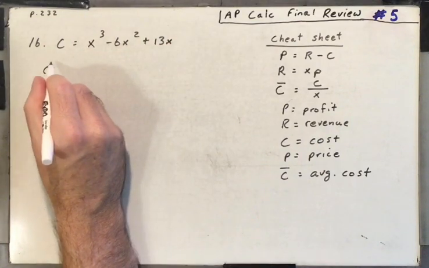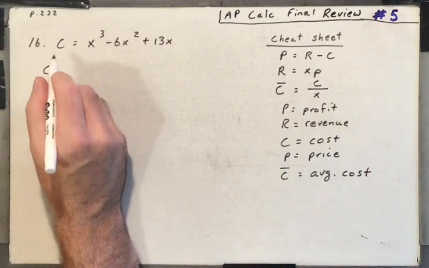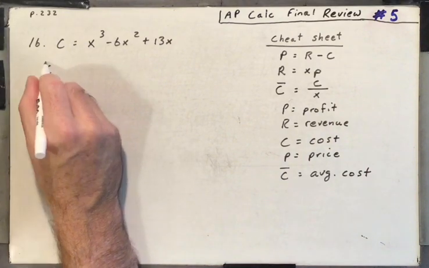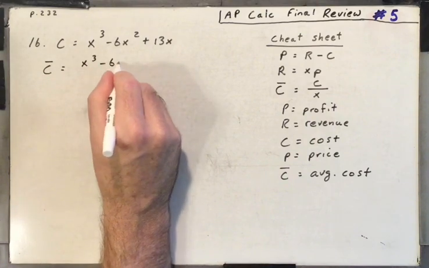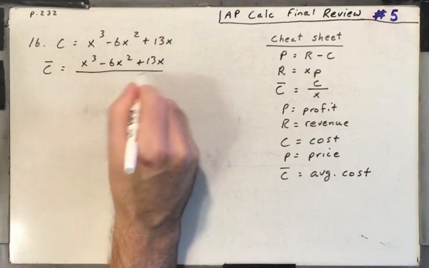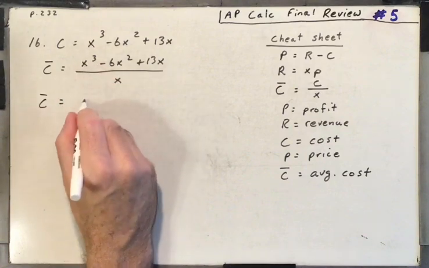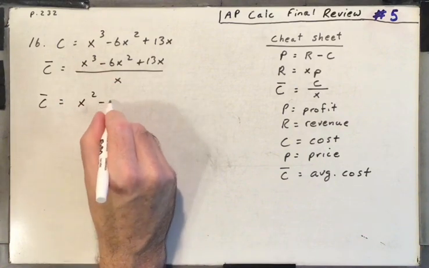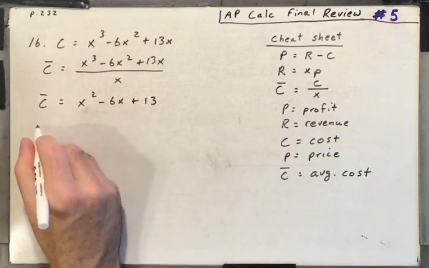So in order to minimize average cost, we are going to have to find C bar. And that is x cubed minus 6x squared plus 13x over x. Divide x into each one, you'd have x squared minus 6x plus 13.